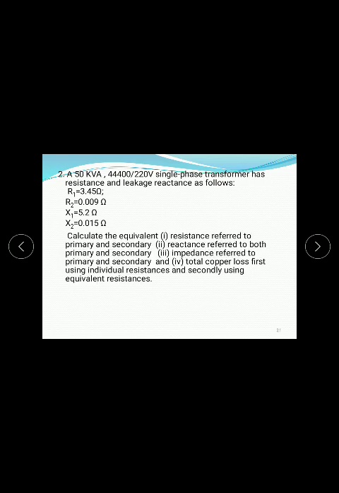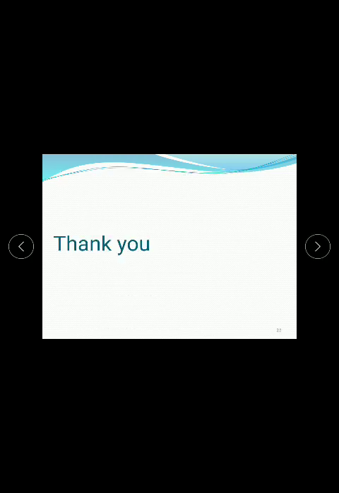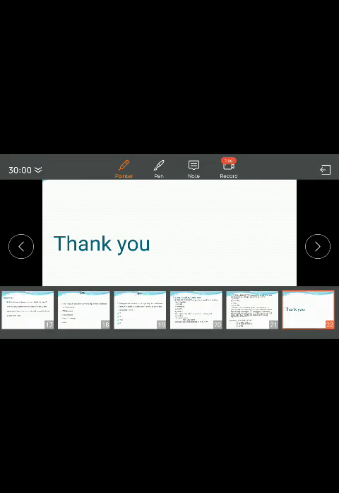Calculate the equivalent resistance referred to primary and secondary, and also the impedance and reactance referred to primary and secondary. Also determine the total copper losses, first using individual resistances and then using equivalent resistance referred to the secondary. So these are the problems to solve. Thank you.